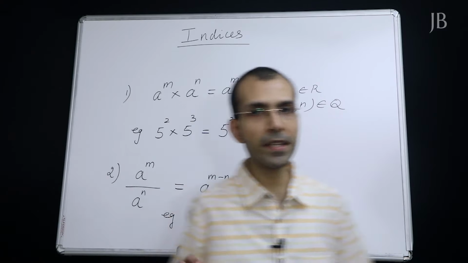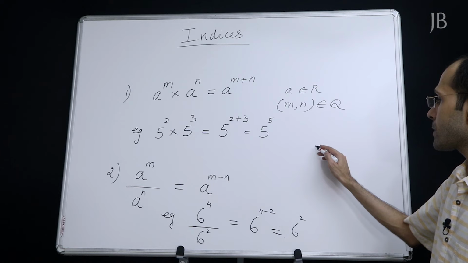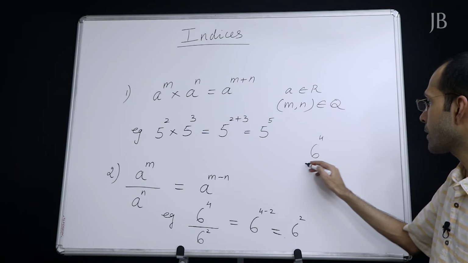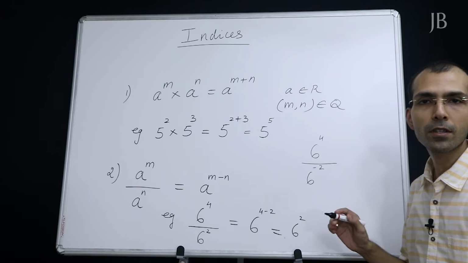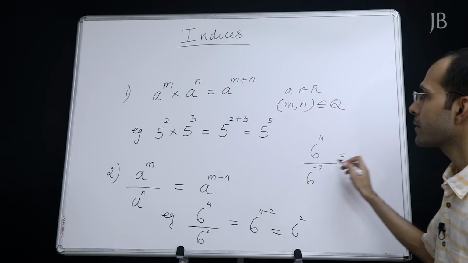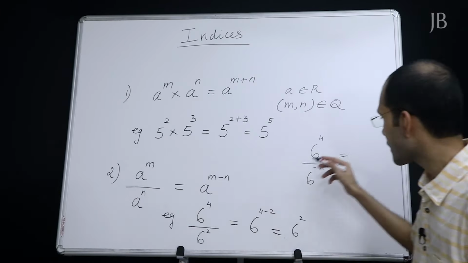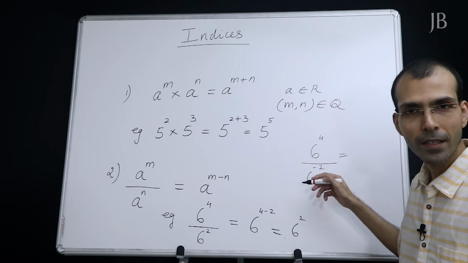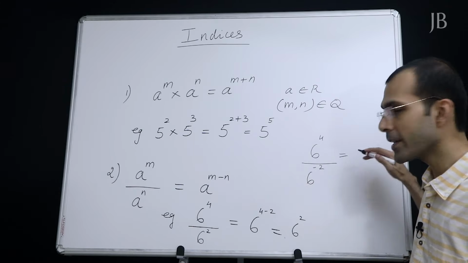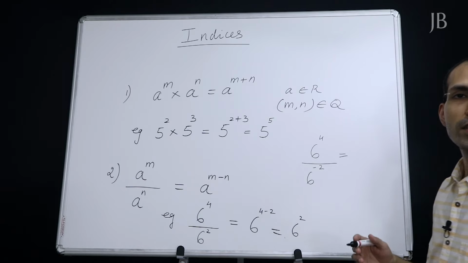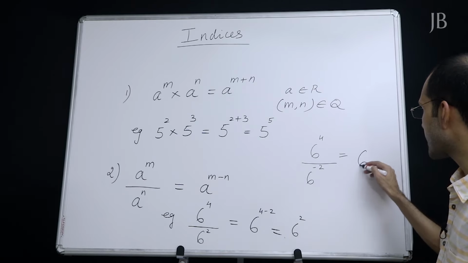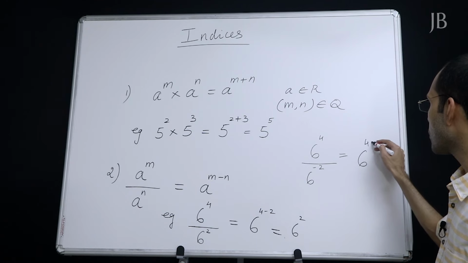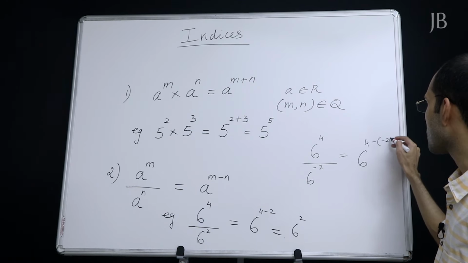Now here you have to be careful. Suppose it is 6 raised to 4 upon 6 raised to minus 2, then what will this be? See, the second law will apply. The bases are same and the two terms are joined by a division sign. So in such a case, we subtract the powers. So this will now be 6 raised to 4 minus of minus 2.